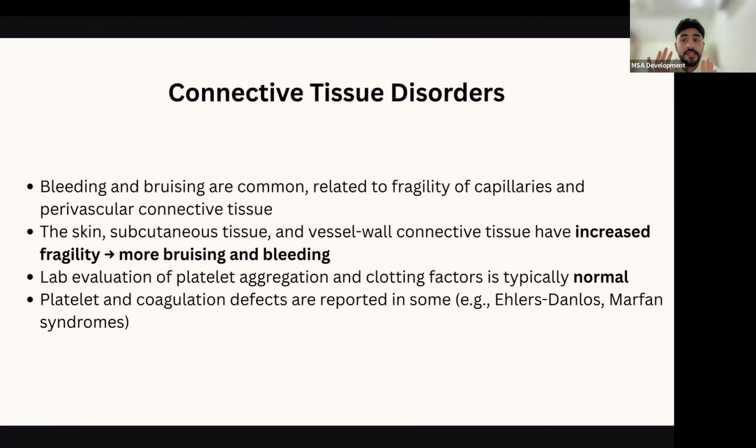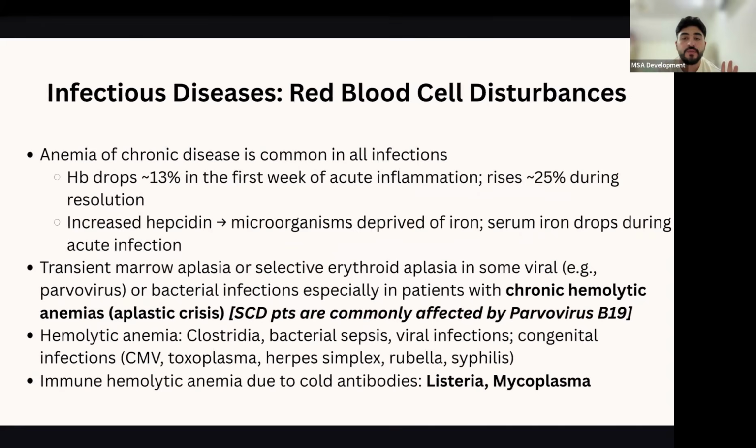You need to keep in mind that this has absolutely nothing to do with their platelet aggregation and clotting factors, so it's going to be normal. Sometimes they could be affected in very specific conditions like Marfan and Ehlers-Danlos, but typically they're normal, okay? So that's the only takeaway from connective tissues.